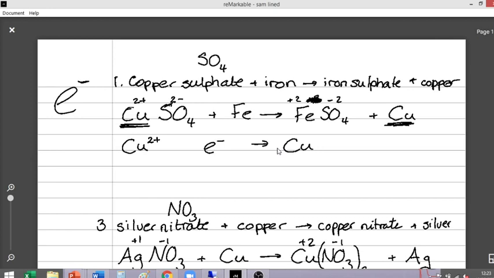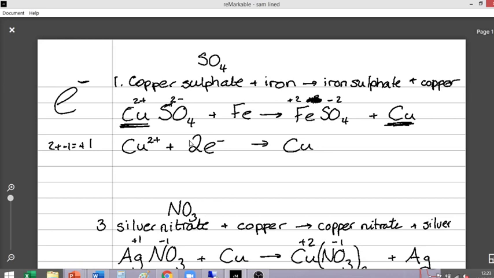So now this left-hand side, I have got 2 lots of positive and 1 lot of negative. If I added that together, I've got 2 lots of positive minus 1, that is still +1. So what I need to do is give it 2 lots of electrons. And that is a half equation, a balanced half equation in fact, because I have balanced my number of electrons.